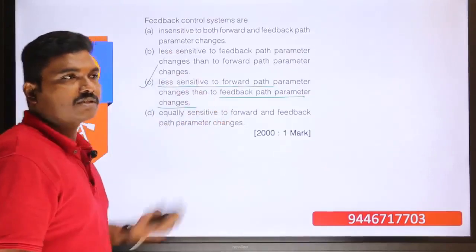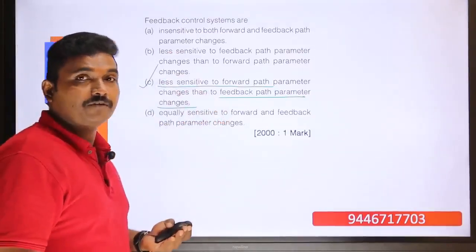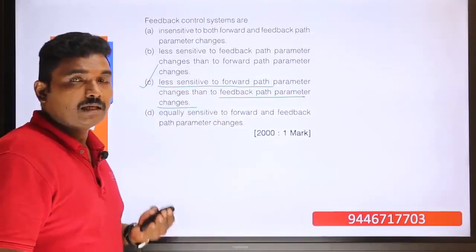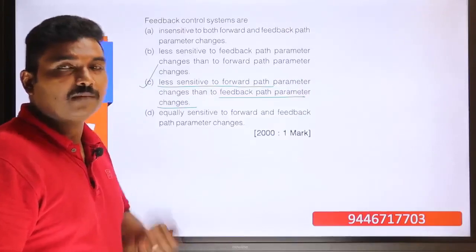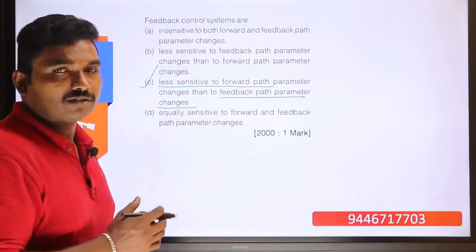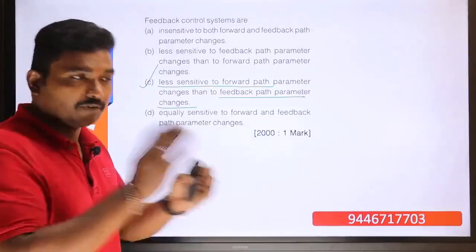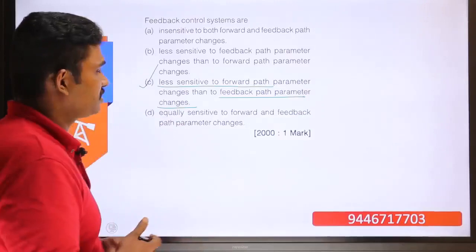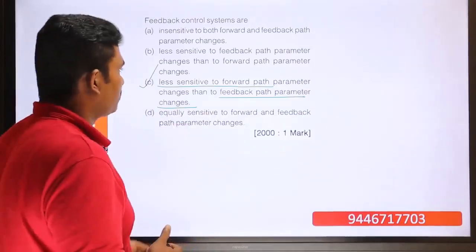So while we were discussing the theory, I reminded that you will have to design the feedback path really accurately, and with care, and you will also have to provide insulation or isolation to the feedback loop that we are providing to the system, because the system is extremely sensitive to the feedback path parameter variations.